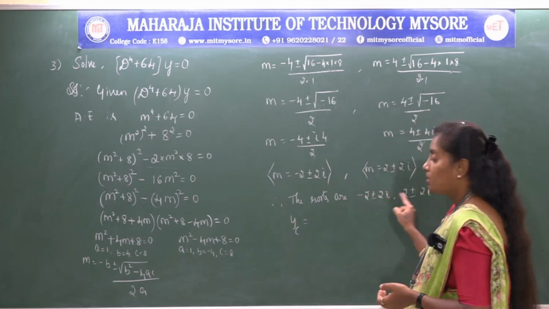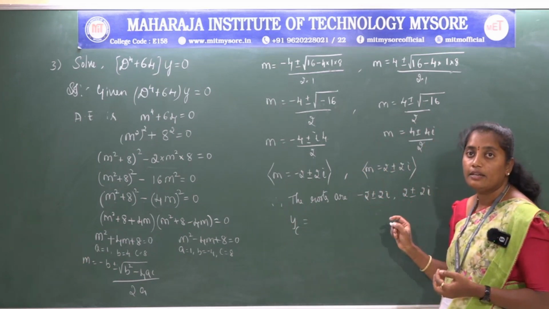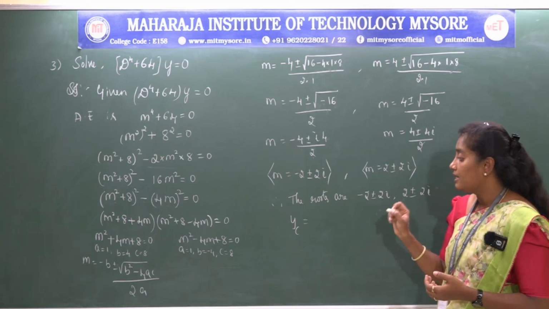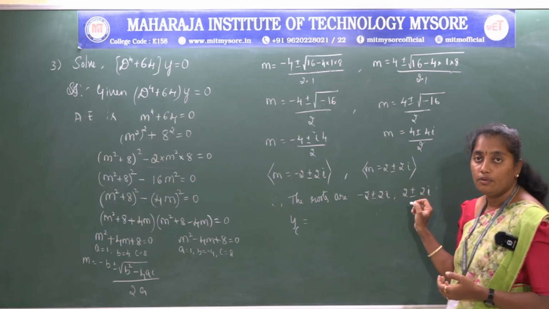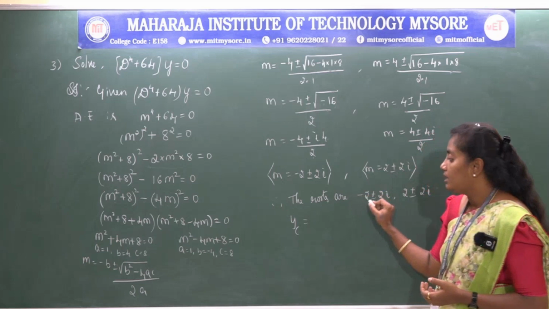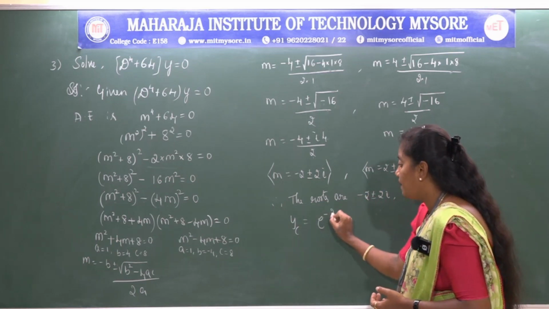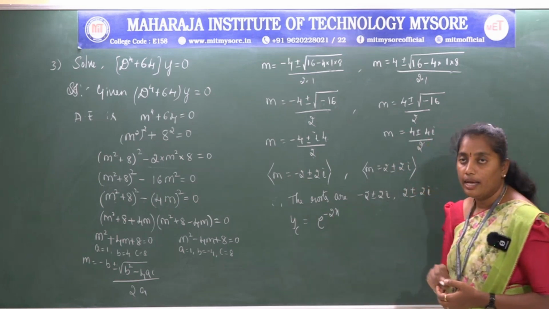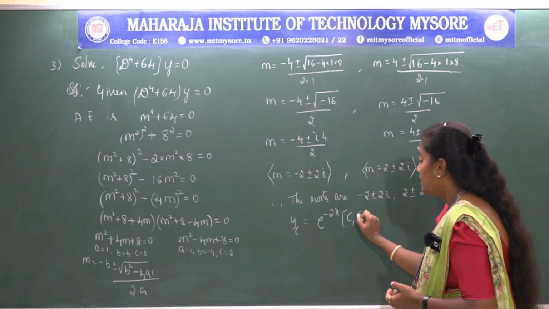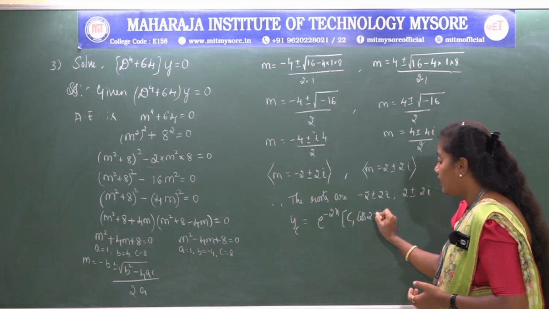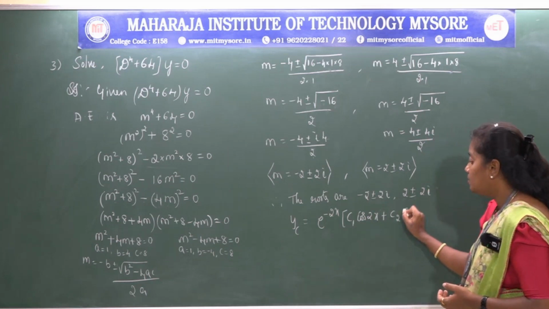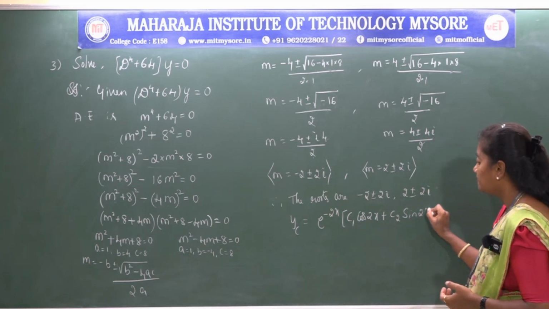Based on these 4 roots, we have to select the constants C1, C2, C3, C4. For that, here we have the real term minus 2 for the first root, hence e to the power of minus 2x into C1 cos 2x plus C2 sin 2x.